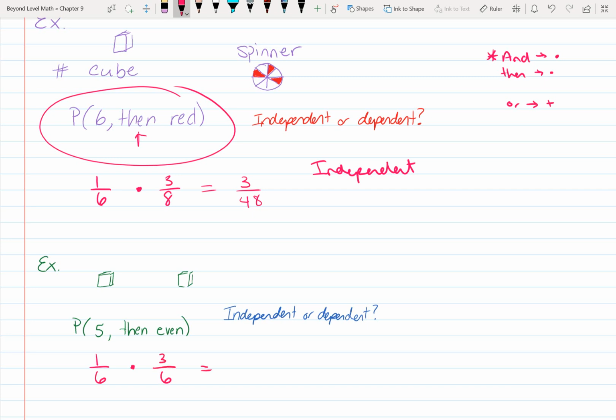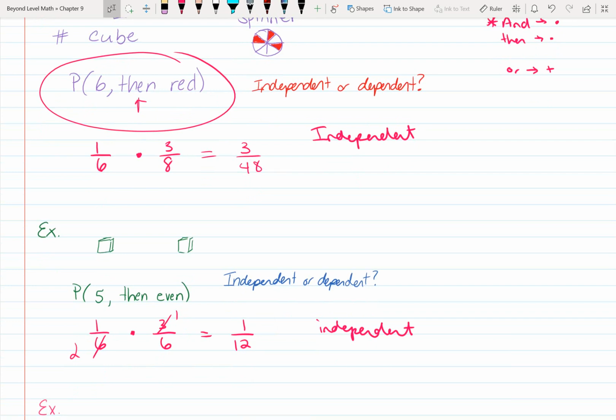So we can cross cancel, right? So 1, if we're doing this without a calculator. But 1, 2, so we get 1 over 12. Is that independent or dependent? It is independent, because rolling the number cube a second time, our chances aren't any less after rolling it the first time.